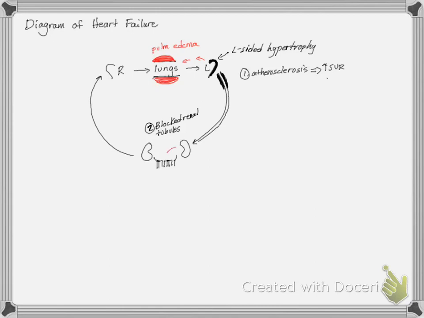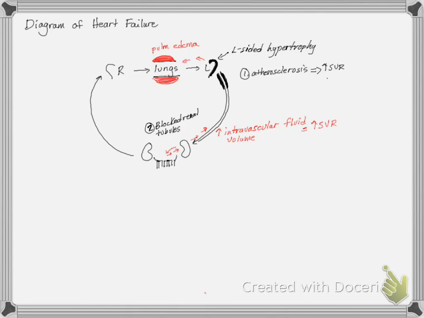If you're blocking the renal tubules, the blood can't get to where it needs to go. So it backs up. And it causes an increase in your intravascular fluid volume, which also causes an increase in systemic vascular resistance.